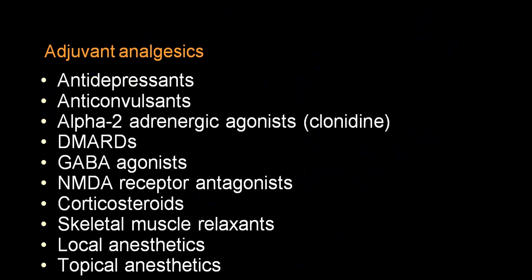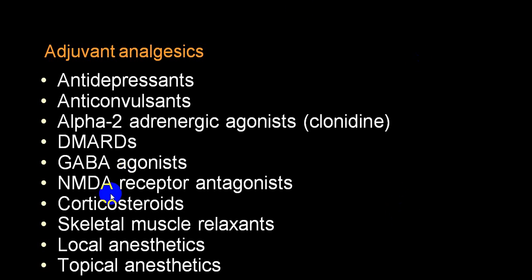In those groups, you can use antidepressants, anticonvulsant drugs, clonidine, then GABA agonists, that is pregabalin, gabapentin. DMARDs are specifically utilized. These are called immunosuppression drugs, mainly utilized in rheumatoid arthritis. Some of these immunosuppression drugs are utilized in ulcerative colitis, inflammatory bowel disease, or we can call it Crohn's disease.